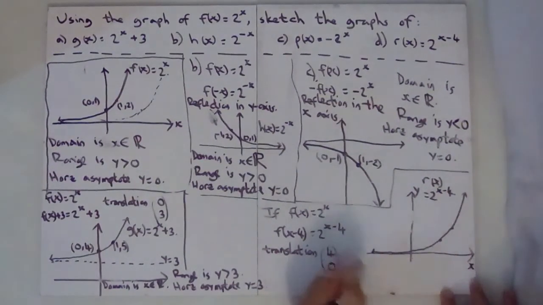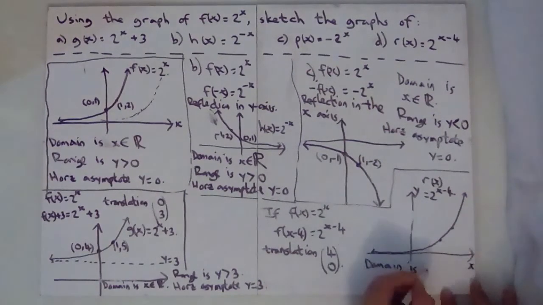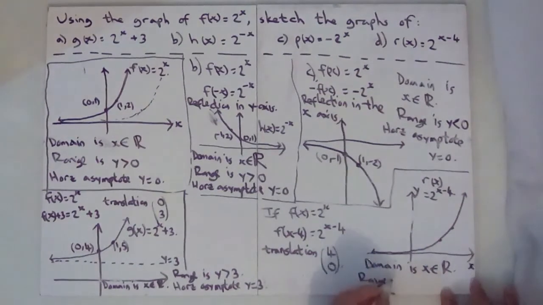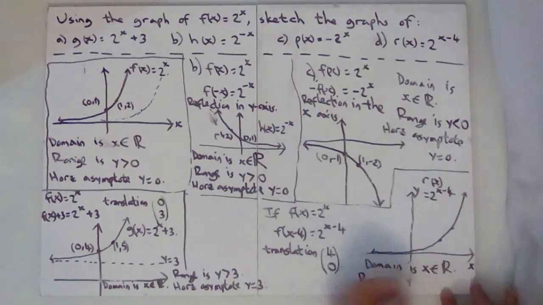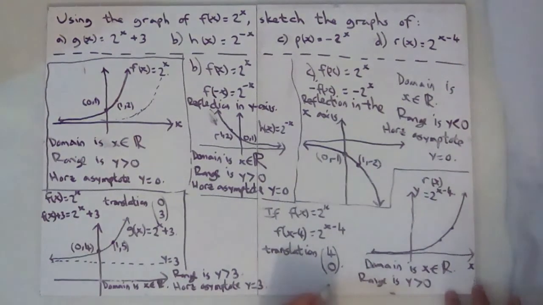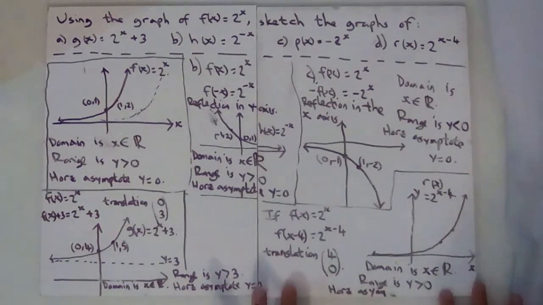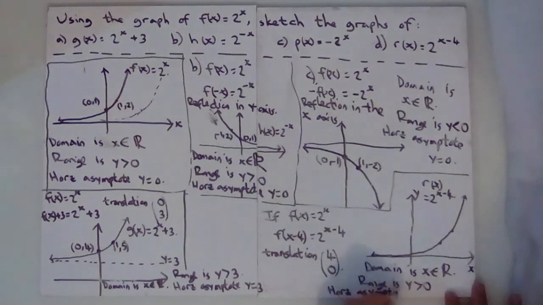So domain unchanged, x is a real number. Range is also unchanged, y is greater than 0, and the horizontal asymptote is unchanged too. Horizontal asymptote is still y equals 0.